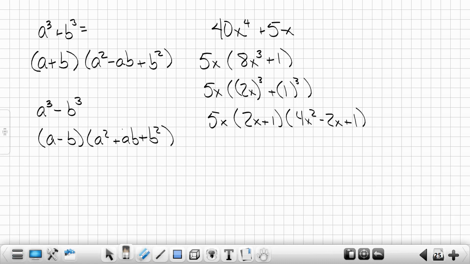Kelsey, pick somebody. Holly. What's the difference between those two formulas? They switch, so in the a squared minus ab, on the difference of two cubes, it's a squared plus ab. That's the only difference between them? Well, in the beginning part, it's adding.